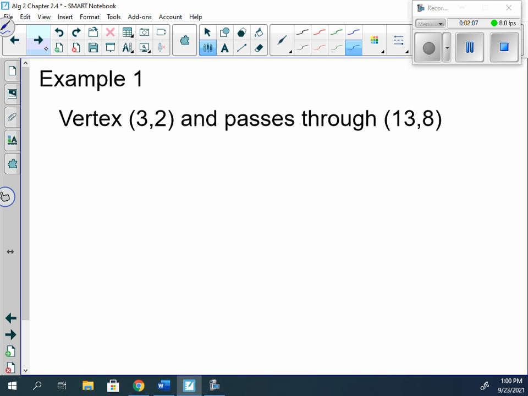Now, when we look at the first example problem, the vertex is given to us as the point 3, 2, and it passes through the point 13, 8. Well, the first thing is, which one of the two equations are we going to use? Y equals a times x minus h squared plus k, or y equals a times x minus p times x minus q.